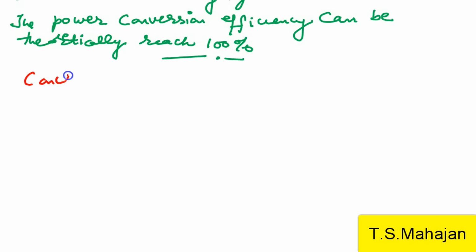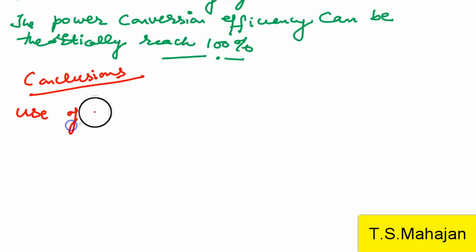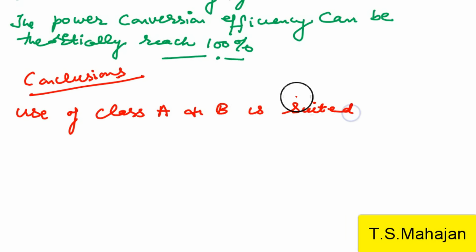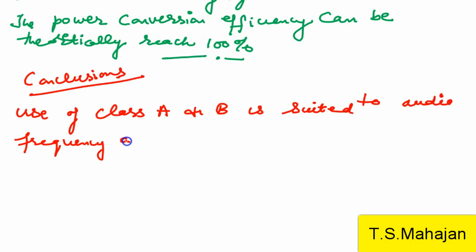Now what is the conclusion? The conclusion is class A and class B are often used for audio frequencies. Audio frequencies are low frequencies.